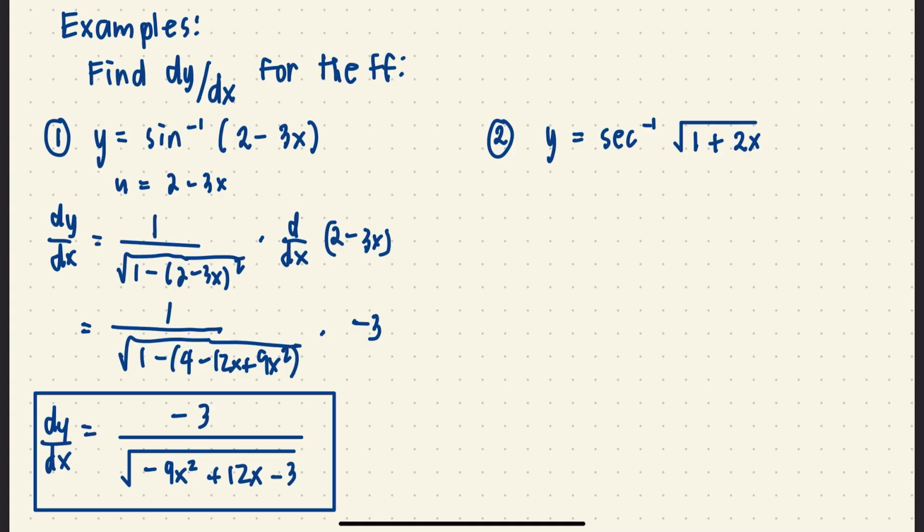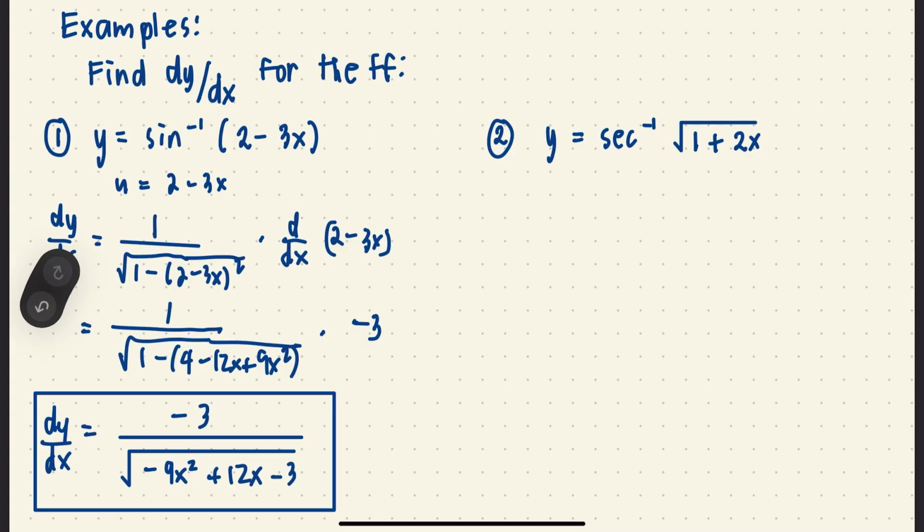But we just started and these are easy examples. Let's apply it to number 2. We have y is equal to arcsecant of the square root of 1 plus 2x. You know your derivative of arcsecant is 1 over u times the square root of u squared minus 1.